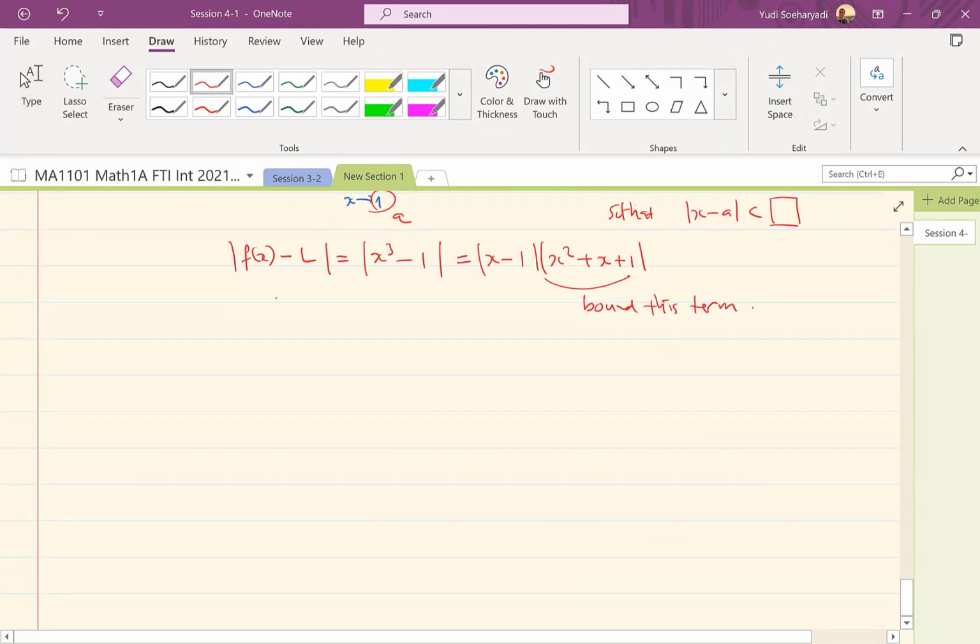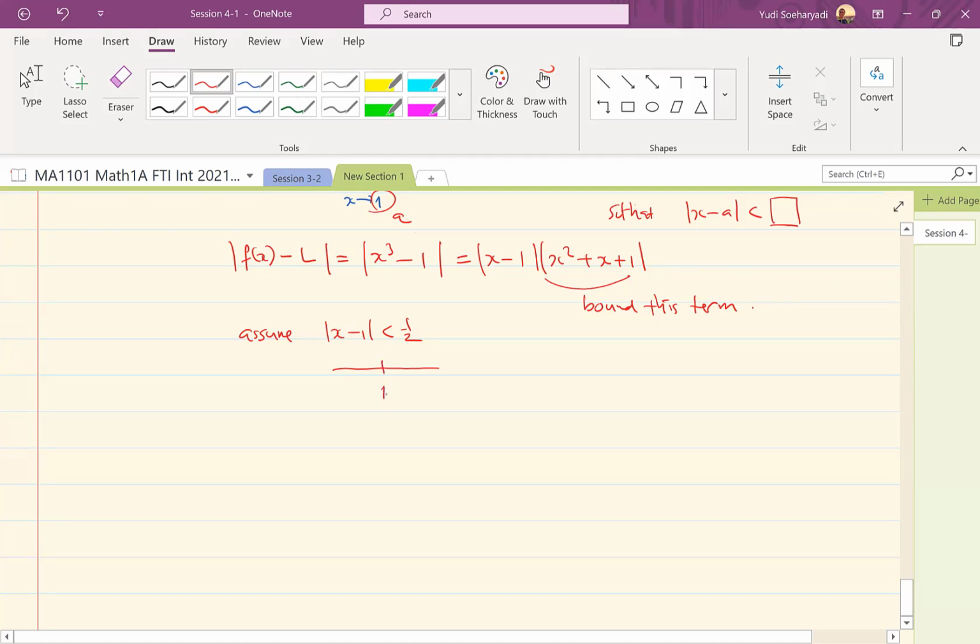All right, so as to bound this term, let's assume absolute value of x minus 1 is less than 1/2. You may ask why 1/2? Well, just a convenience. You may assume some other number.